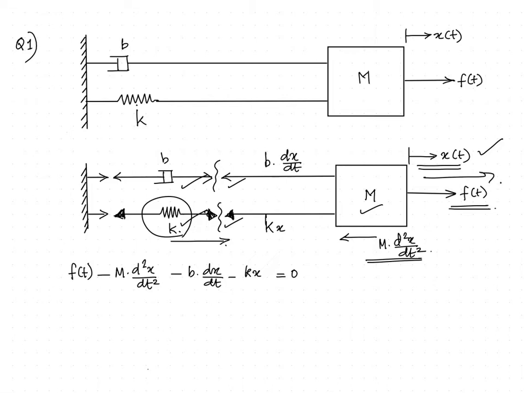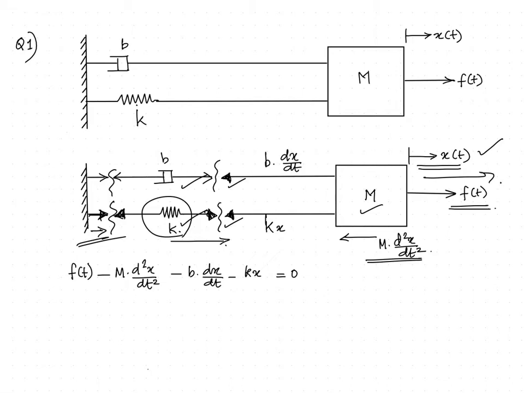Hence, this direction will be towards the left and this also will be towards the left. So, in short, we can see that since the entire system is moving towards the right, the force which is experienced by the wall will be towards the right. So, we can see that the directions that we have marked are proper.